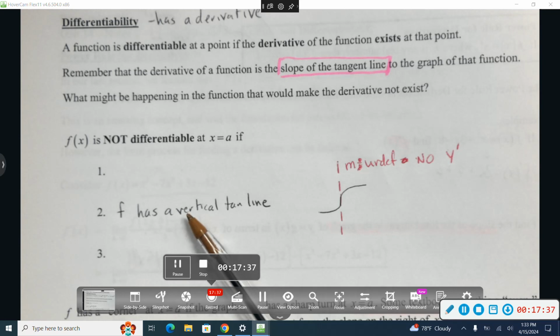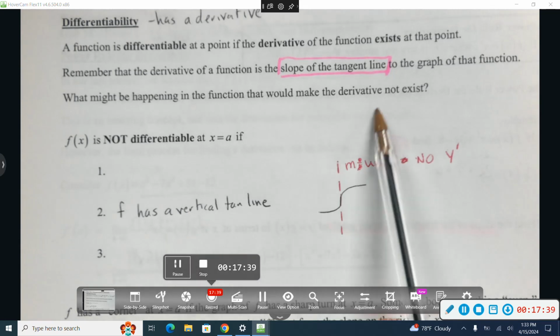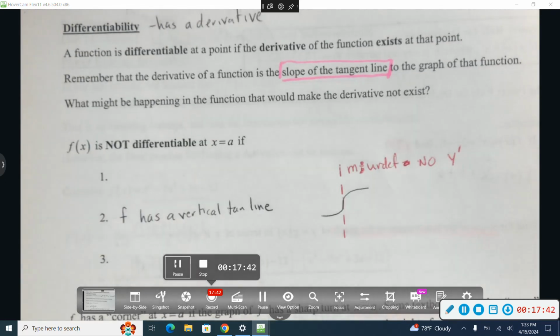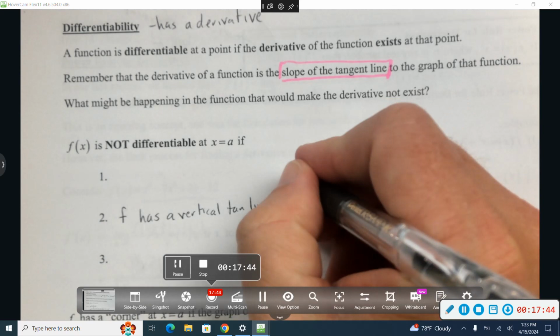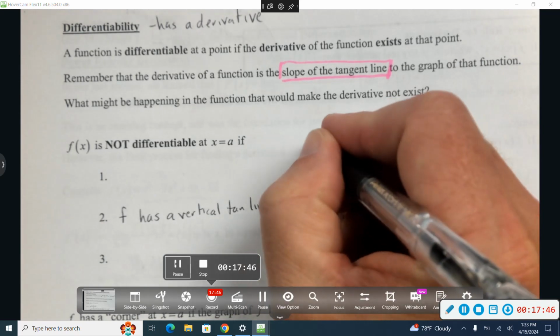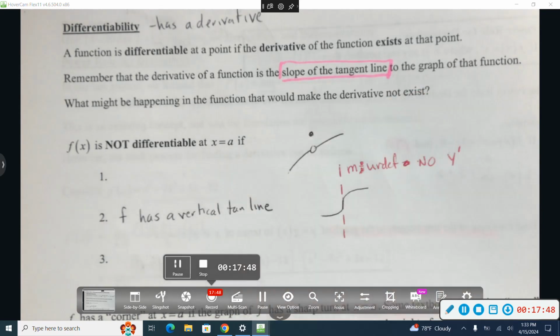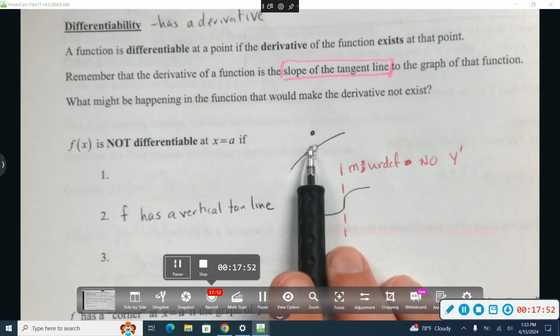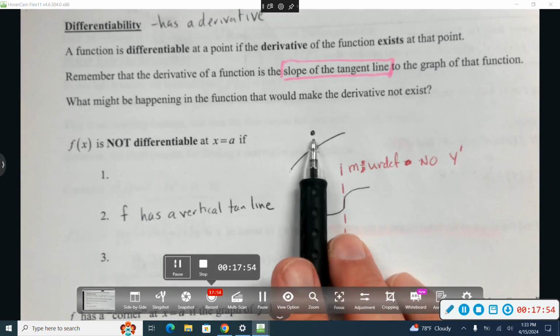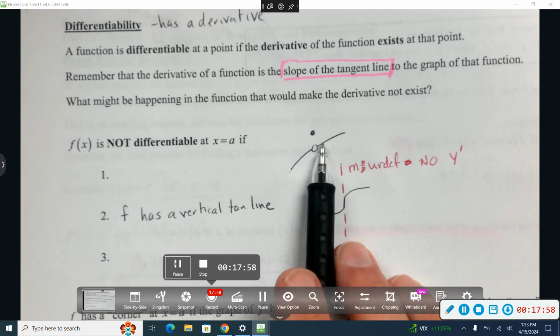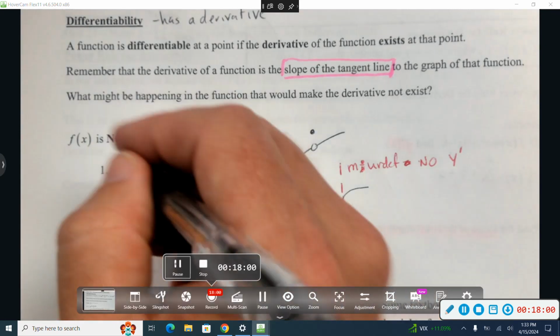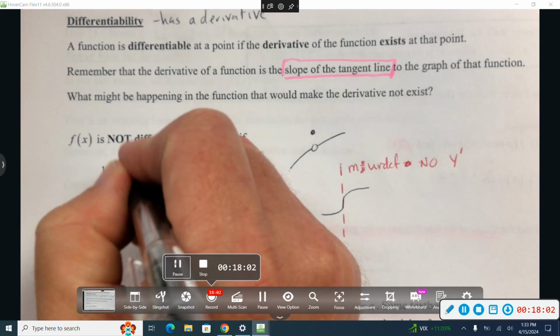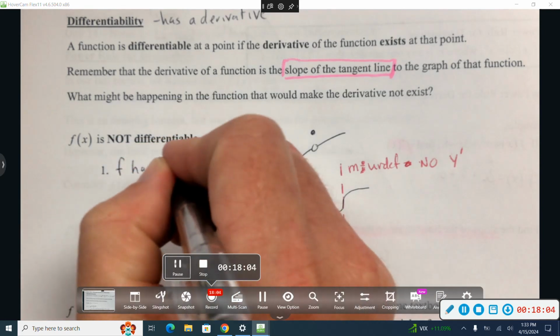If there's a hole there, it looks like this, so the function exists up there, but how are you supposed to draw a tangent line to a point that's just like floating out in space? Like, how do you know where the tangent line should be? So I'm not going to say hole, I'm going to be a little more generic and say f has a discontinuity.